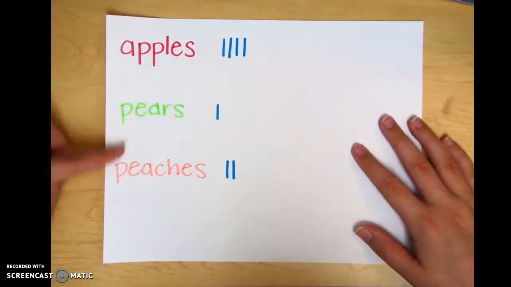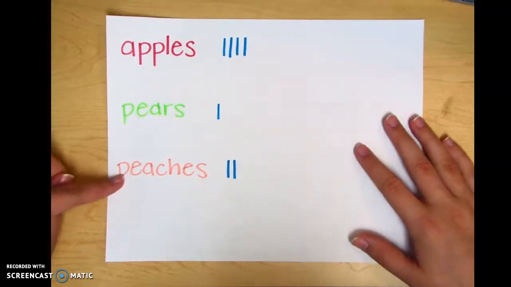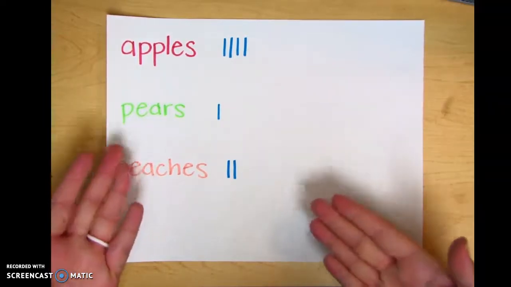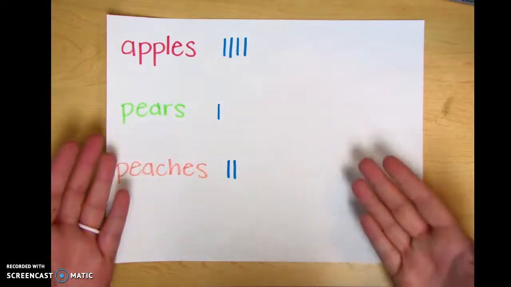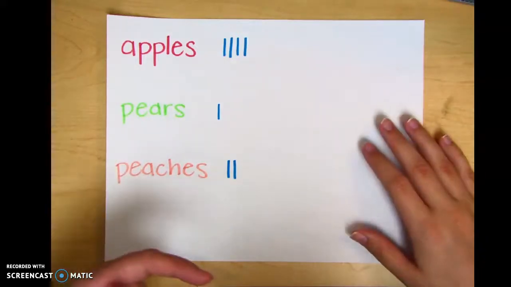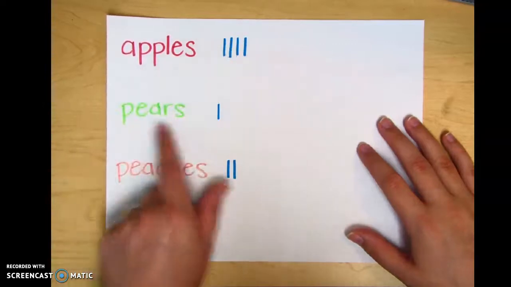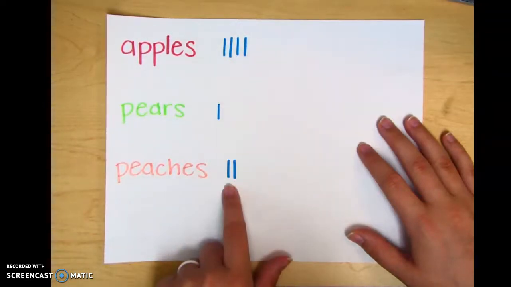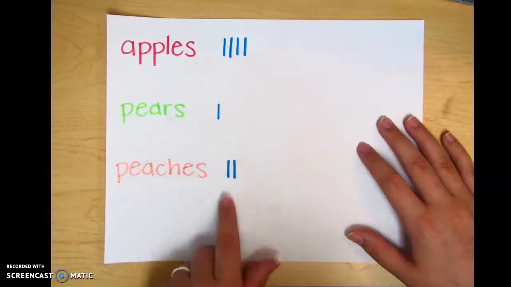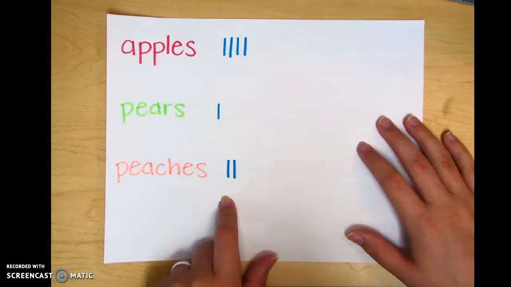So I had 3 fruits that grow on trees, and I said, which one of these 3 fruits is your favorite? And whatever they answered, I made 1 mark next to the fruit that they chose, right? And that's how we can keep track of how many people like each one.